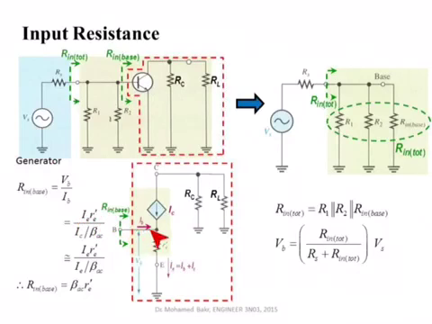Now what is the base current? This I base is really the collector current divided by beta AC. We agreed that the AC collector current is equal to beta AC multiplied by the small signal base current. So I can replace I base here by I collector over beta. Now we're going to be using an approximation that we did earlier.